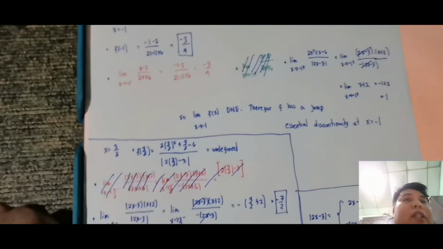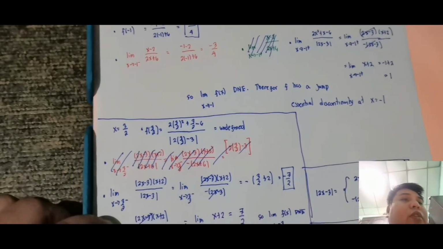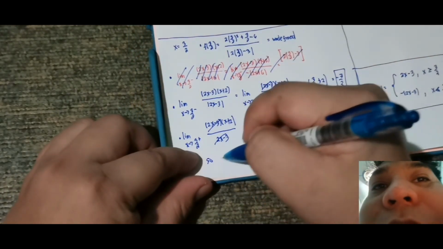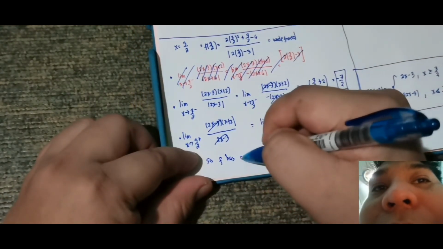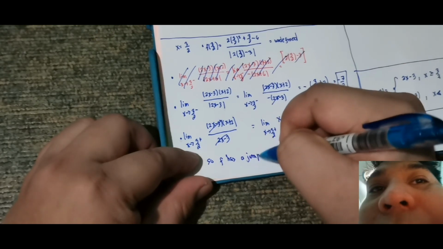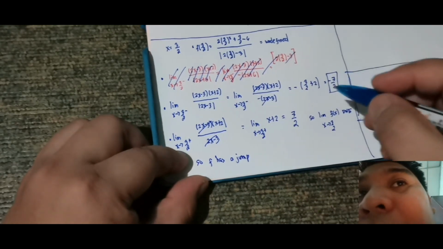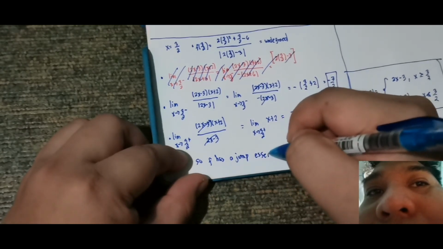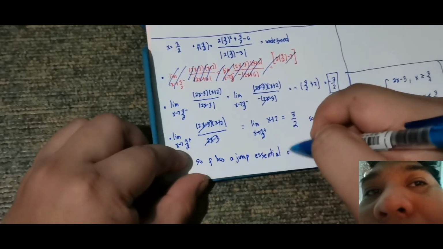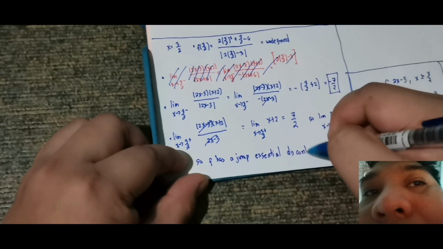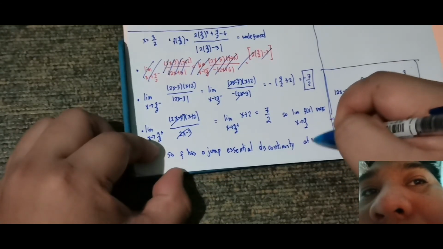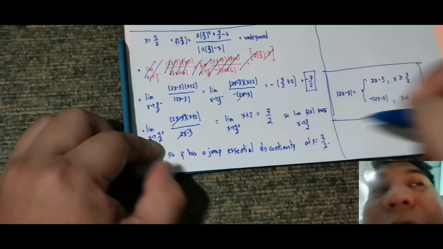Tulad neto, sa taas, hindi equal. Therefore, it is also jump essential discontinuity. So, f has a jump essential discontinuity at x is equal to 3/2.